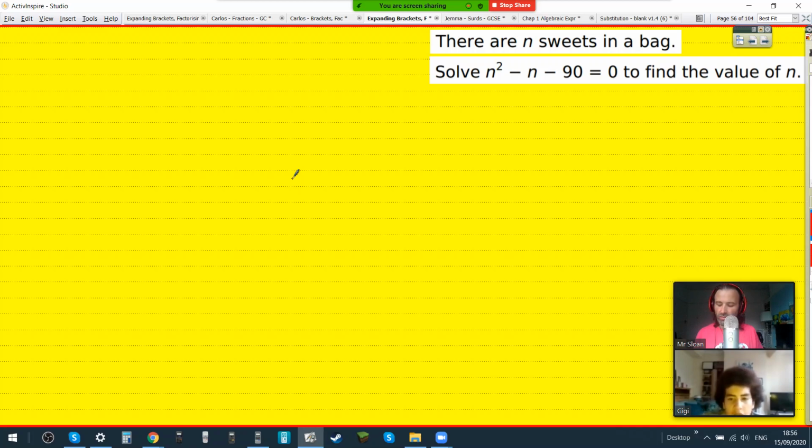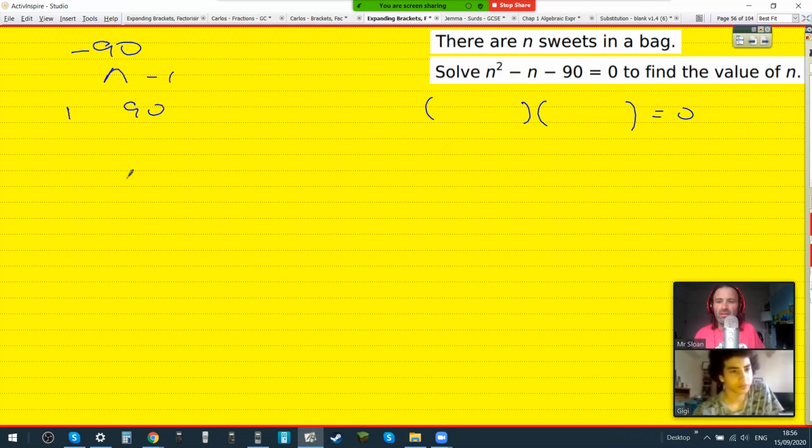So as you factorize it first, yep, so it'll be 90 and minus 1. They need to add up to make minus 1. Oh. Minus 90 and 1. That'll make 89.